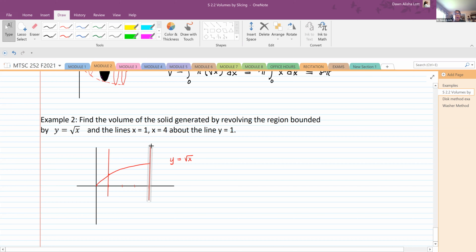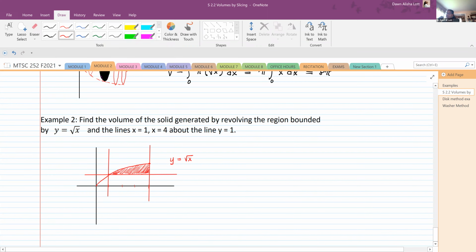And the line y equals 1. So let's see what y equals 1 looks like. Okay, now we see our region. This stuff right here is my region. Just that little bit.